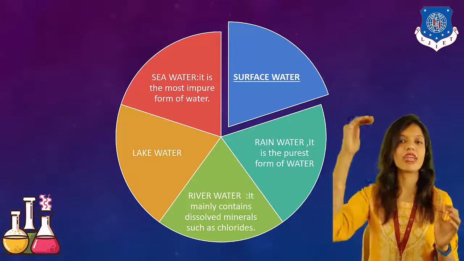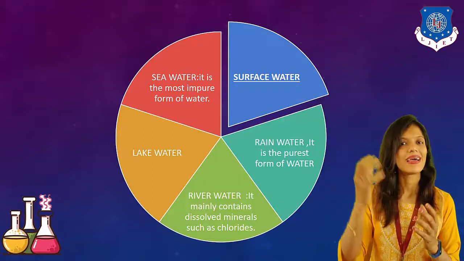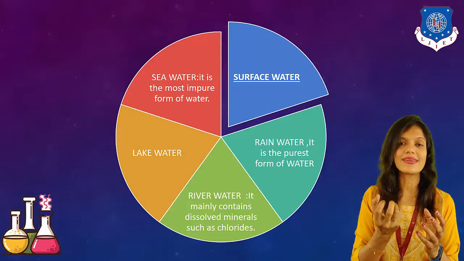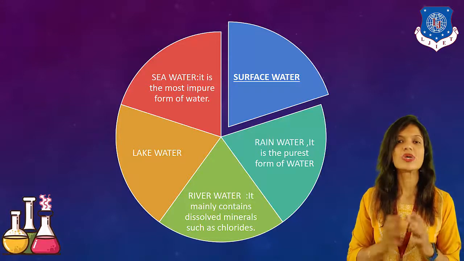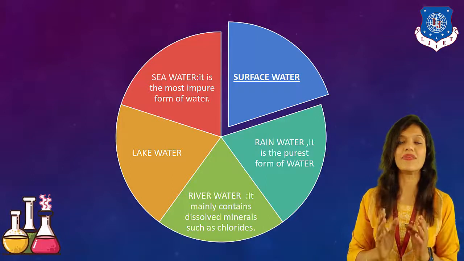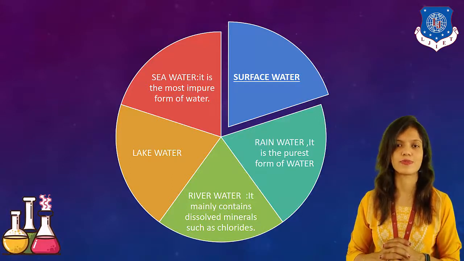And at that time, when it moves from the top to the bottom, what happens? It accumulates the minerals, the solids, etc. along with it. Right? So it's a very good source of water for the people living in the cities and even in the rural areas also.